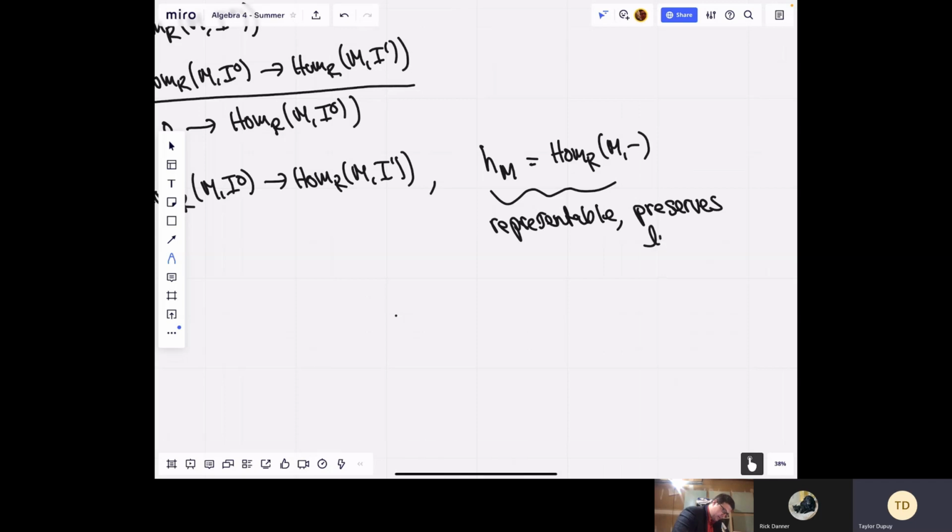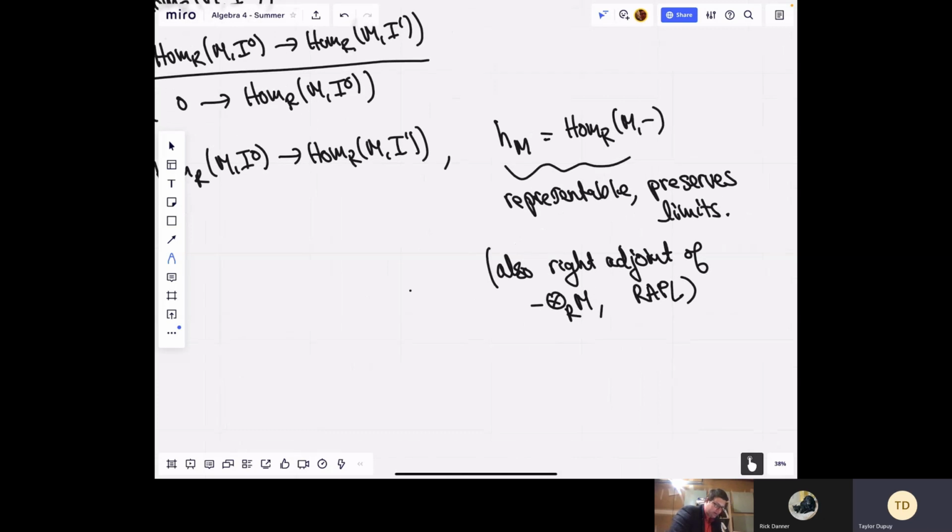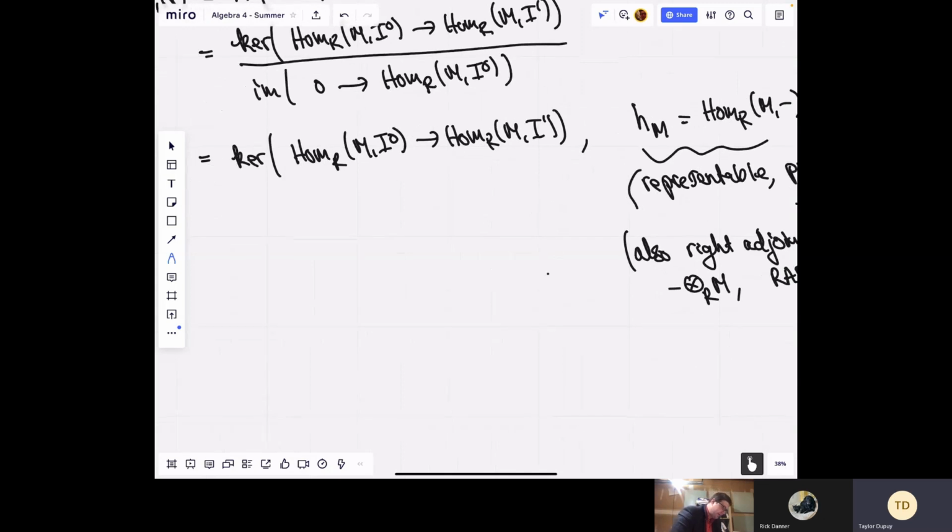It's also the right adjoint of the tensor functor. Right adjoints preserve limits, so you can use either that representable functors preserve limits or that right adjoints preserve limits. Either way, it preserves limits.